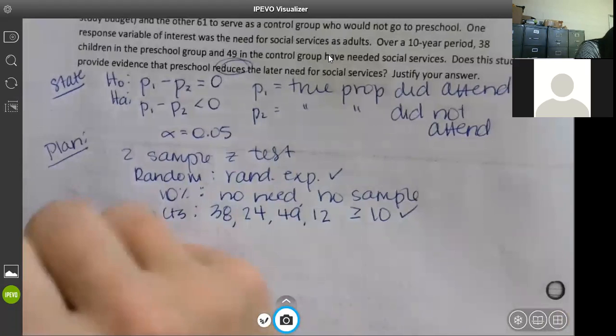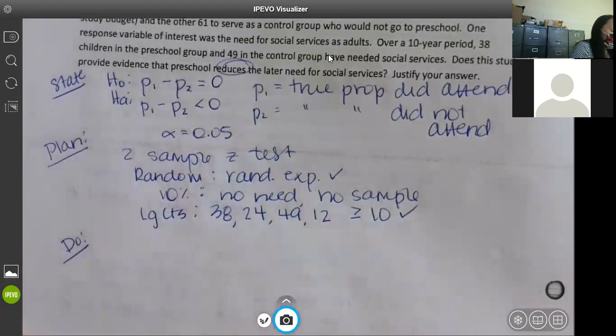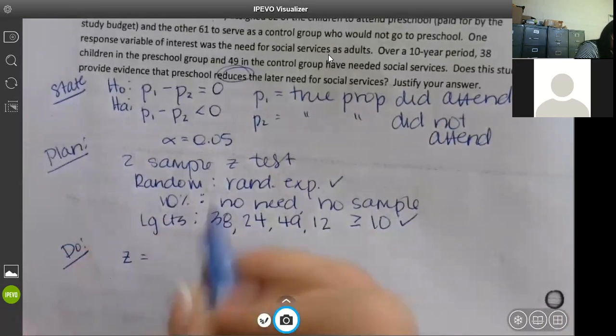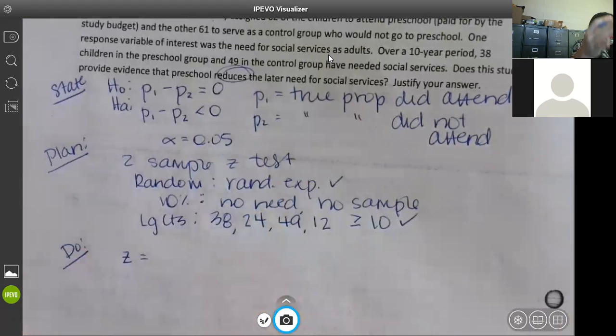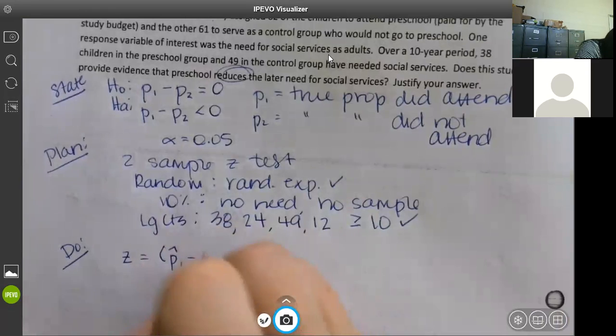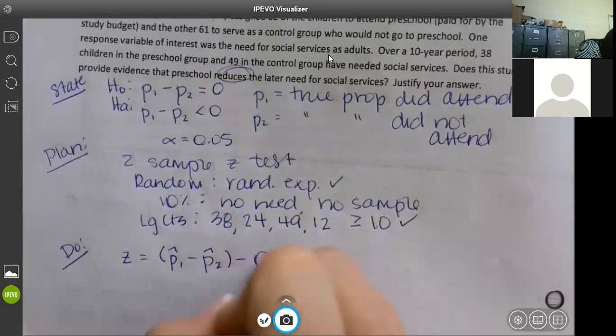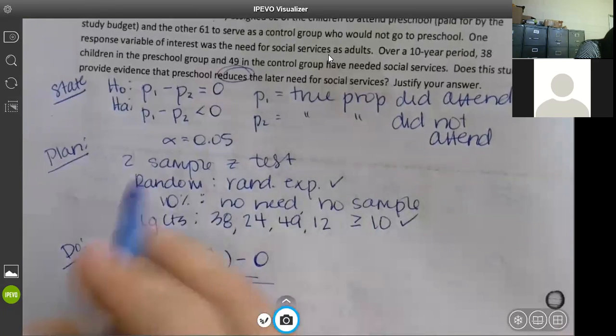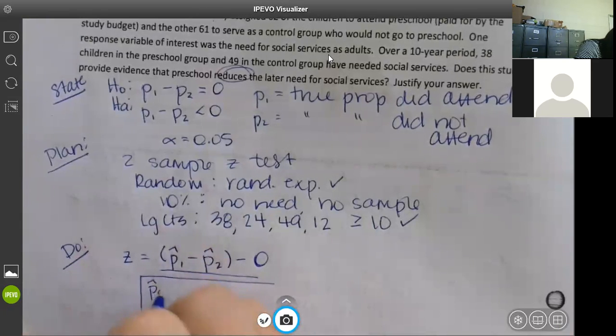Do. What do we gotta have? All the lines. And again, you don't have to do that if you write your formula and then just plug it into your formula, because that justifies it itself. So p hat 1 minus p hat 2 minus 0 over a big nasty square root of p hat combined.